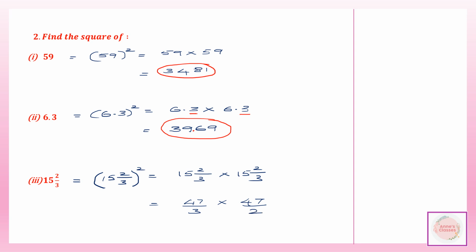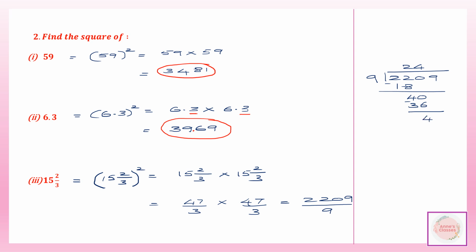So we multiply 47 into 47, you get 2209 by 3 threes are 9. So 2209 by 9, now we have to convert it to a mixed number. Let's do that. 2209 divided by 9. 9 twos are 18, minus, we have 4, we bring down 0, 40. 9 fours are 36, 40 minus 36 is 4, bring down 9. 9 fives are 45, 49 minus 45 is 4.